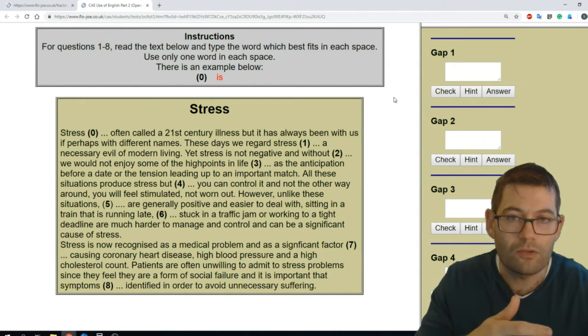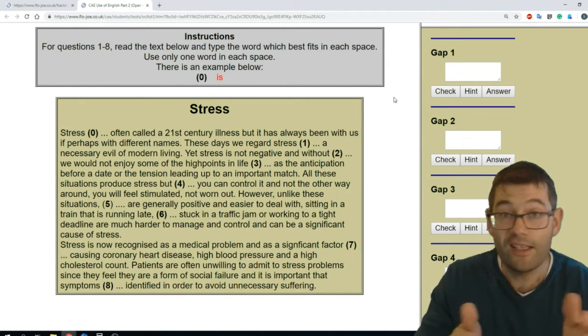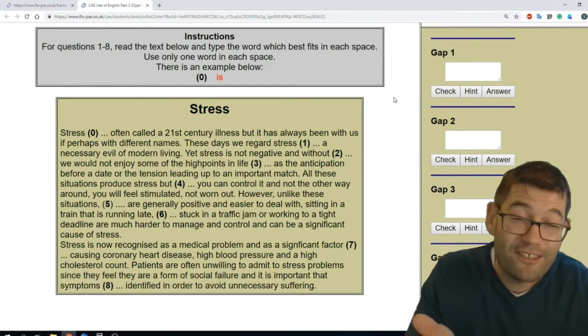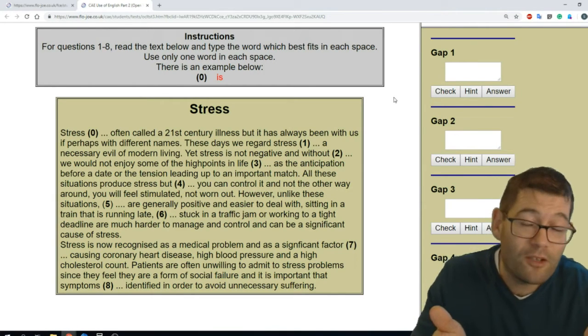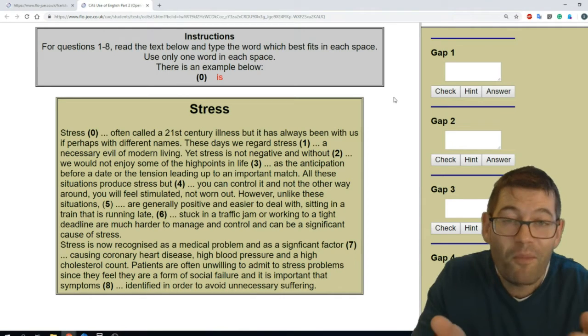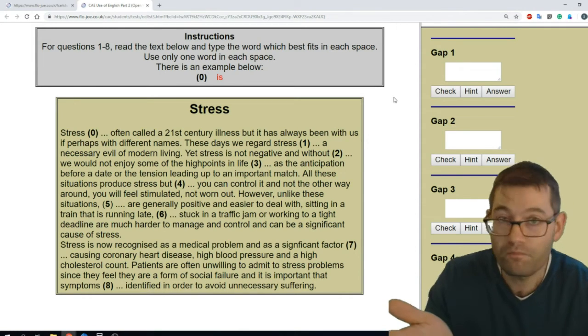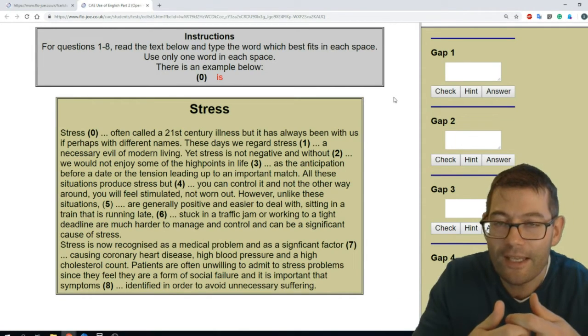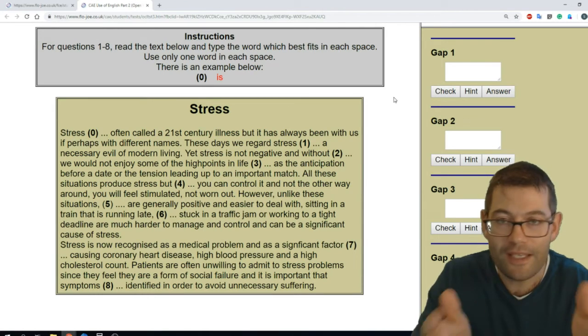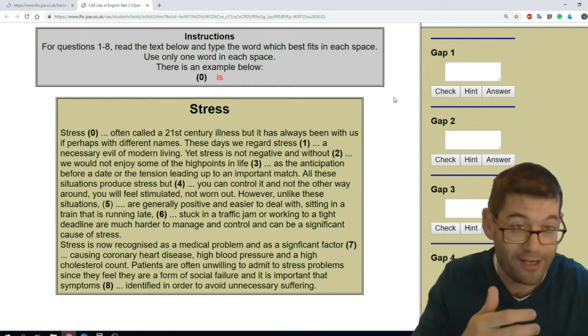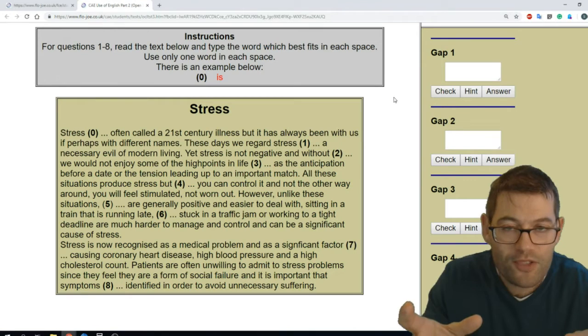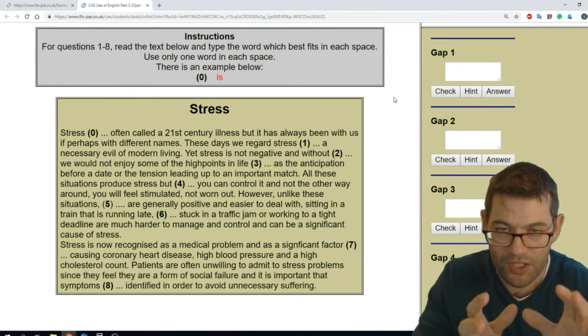Stress is often called. This isn't complicated grammar. This is grammar you would have learned back when you started to learn English. My name is Simon. Exactly the same idea. This is crazy. You are crazy, etc. Very simple sentence structures. The grammar doesn't suddenly go all crazy just because it's CAE.